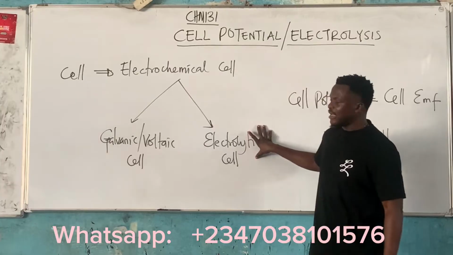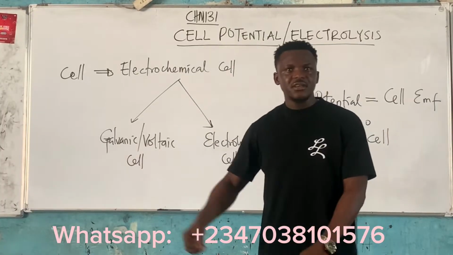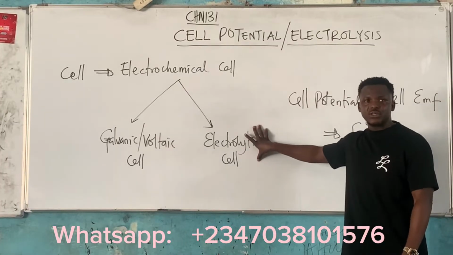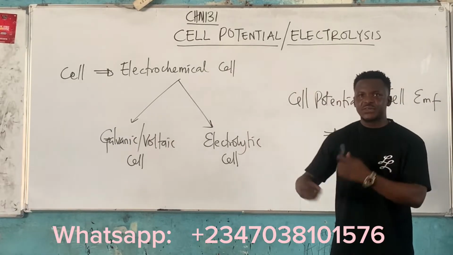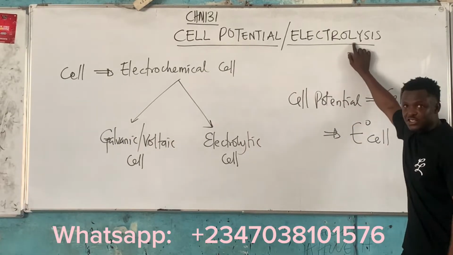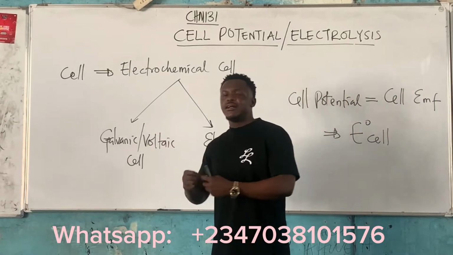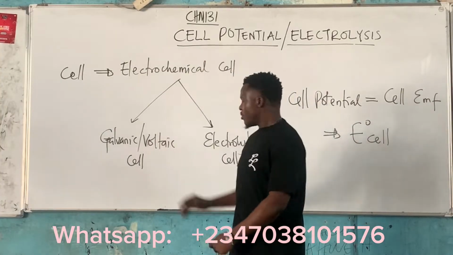On the other hand, an electrolytic cell utilizes electric current. So this one does not produce current or voltage. Instead, current is added to it to carry out actions such as electrolysis. Whereas in this case, a reaction inside the cell gives rise to cell potential.